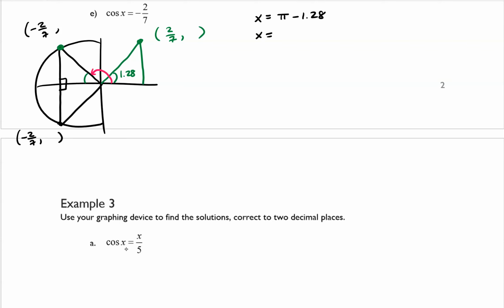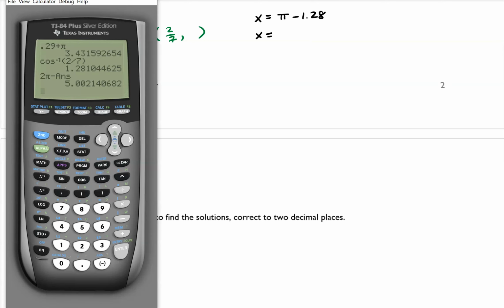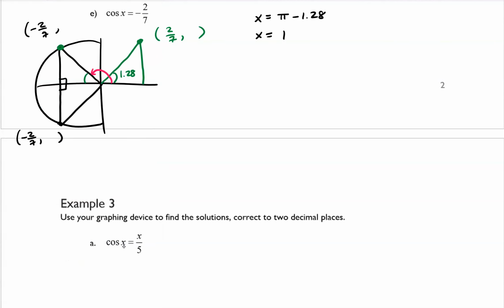So that's going to be one of our solutions. That's going to be 1.86 radians. And then the other one is going to be pi plus our reference angle, which again is 1.28.